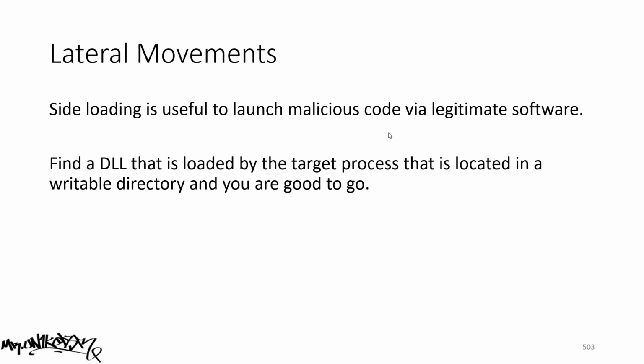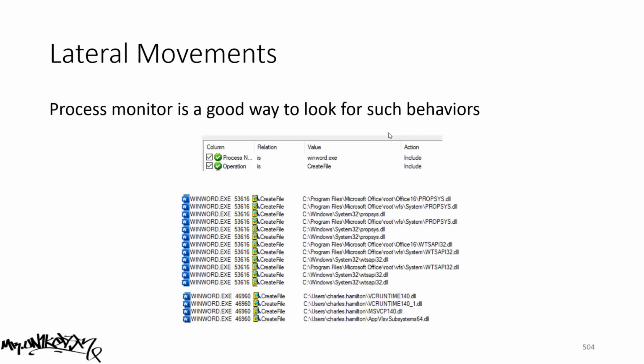So the whole point of DLL side loading is to actually find a binary that will load a DLL from a folder that you can write to as a regular user. The beauty of it is that you don't necessarily have to be an admin to be able to do some DLL side loading. Here's a perfect example of Word.